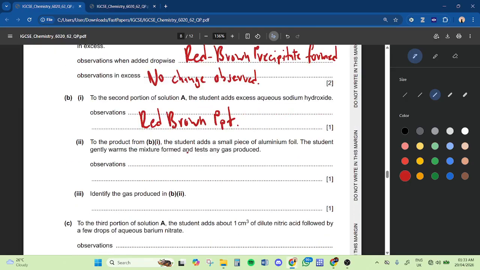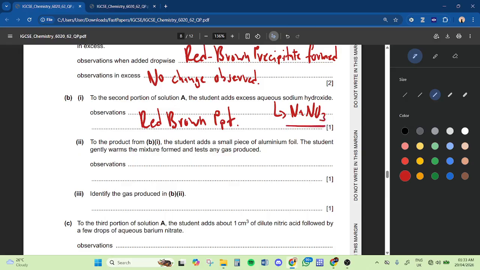To the product from B1, the student adds a small piece of aluminum foil. The student gently warms the mixture formed and tests any gas produced. So when you add sodium hydroxide to iron 3 nitrate, the product of this reaction is going to be sodium nitrate.